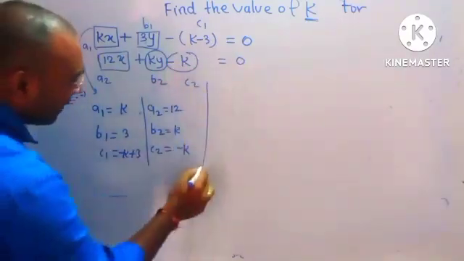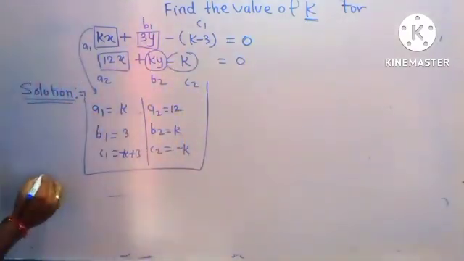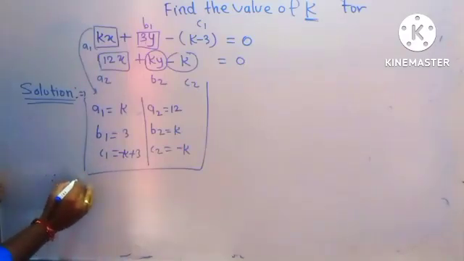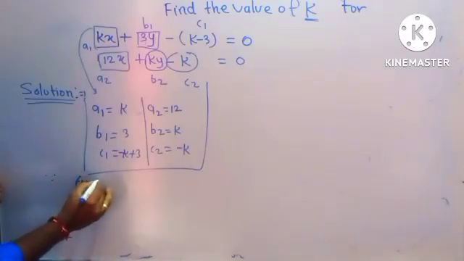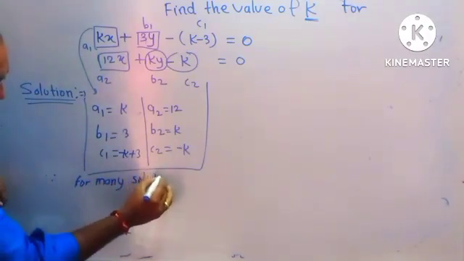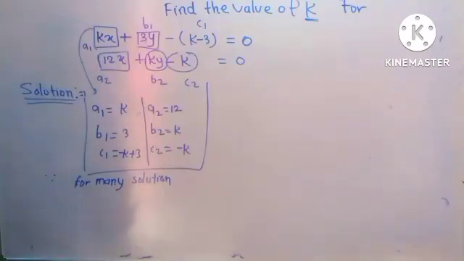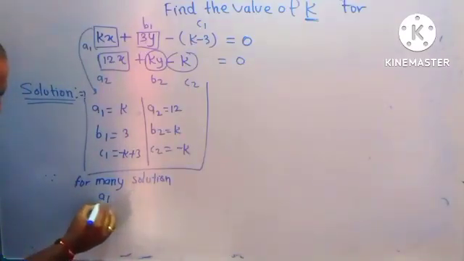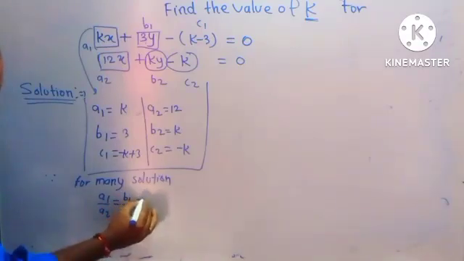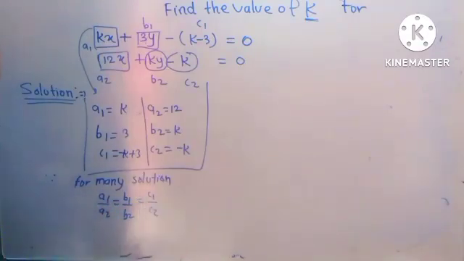Now what's the condition? We are solving this for infinitely many solutions. So we know that for many solutions, the formula is A1 divided by A2 is equal to B1 divided by B2 is equal to C1 divided by C2.